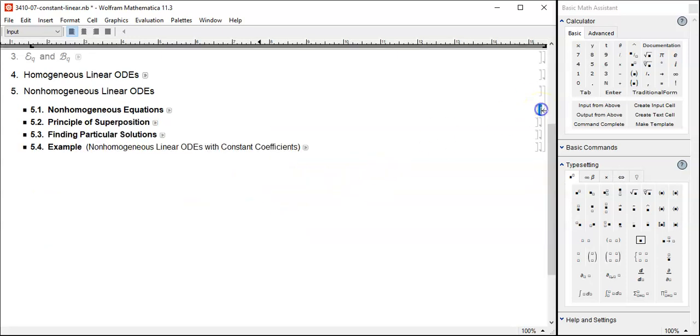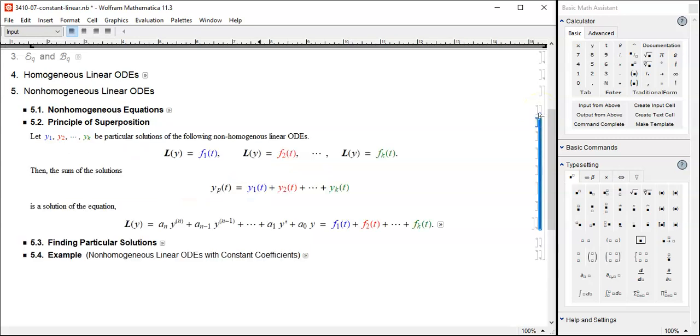How to find YP? One idea here is the so-called principle of superposition, but I'm not going to emphasize this very much because I don't really regard it as an important thing.